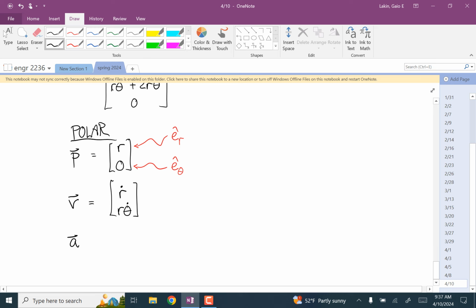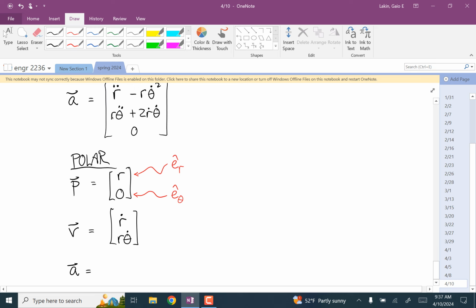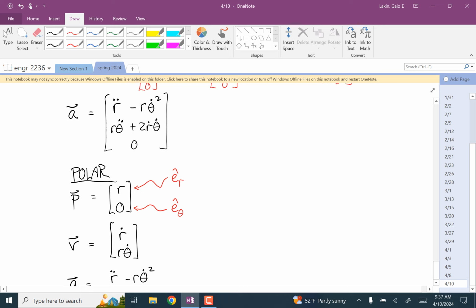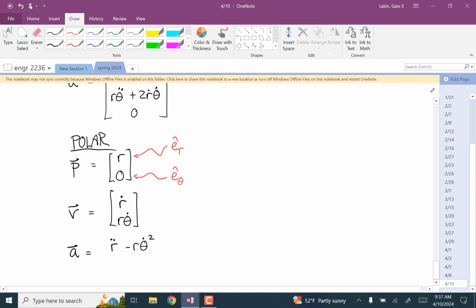And your acceleration is r double dot minus r theta dot squared. And then your second component is r theta double dot plus 2 r dot theta dot.